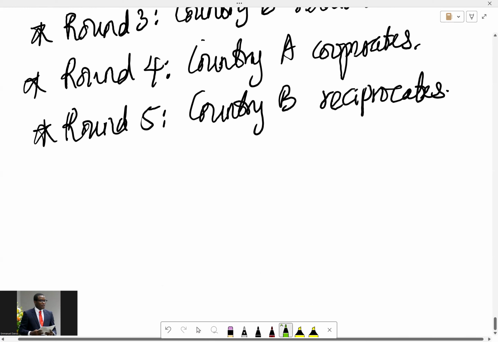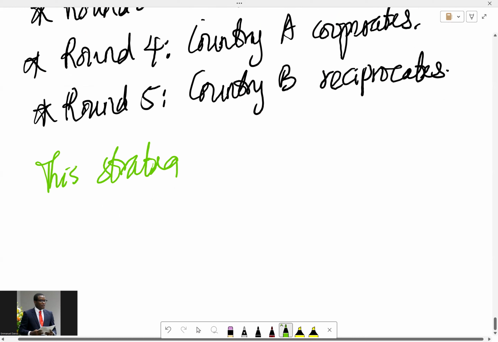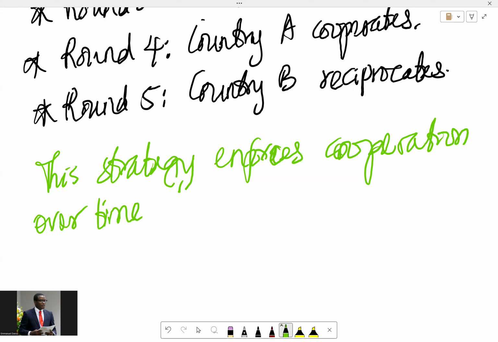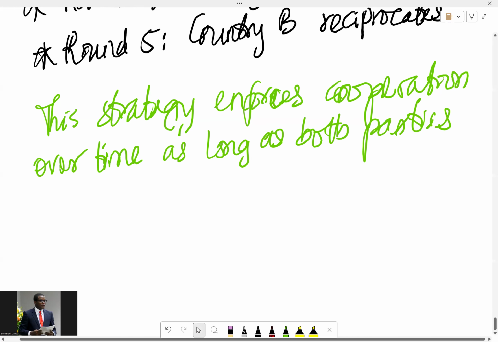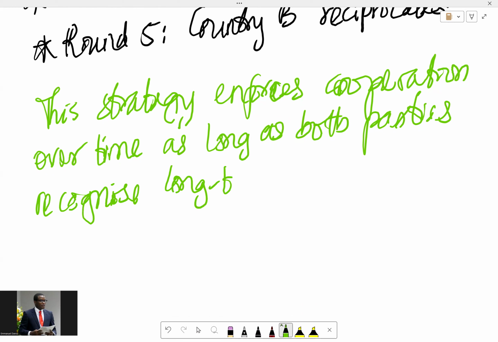All right. So here it is discovered that this strategy enforces cooperation over time, as long as both parties recognize the long-term benefits of mutual cooperation.